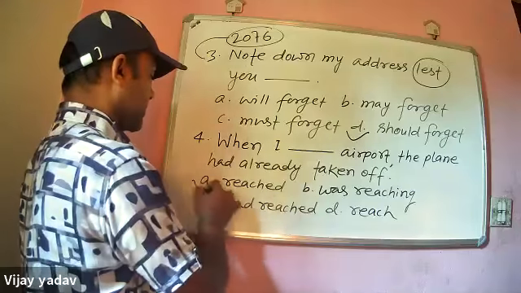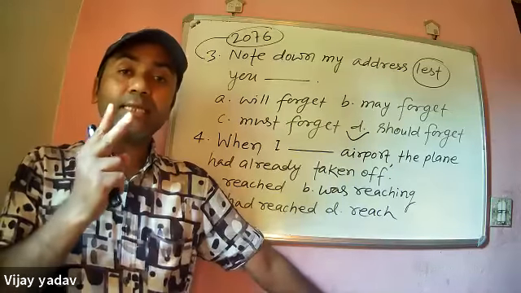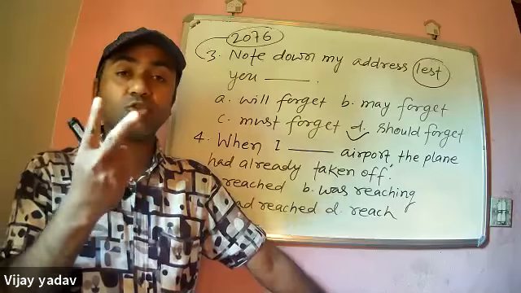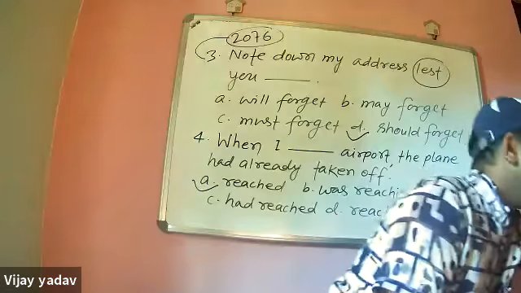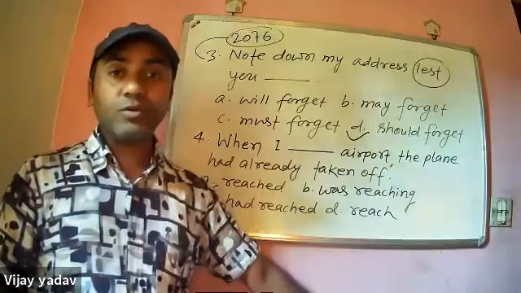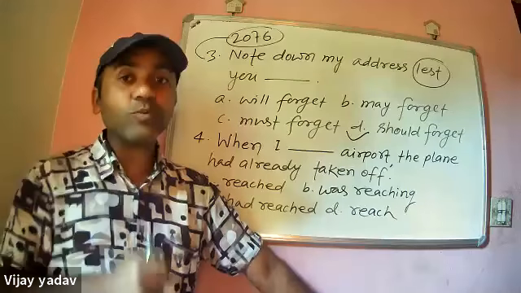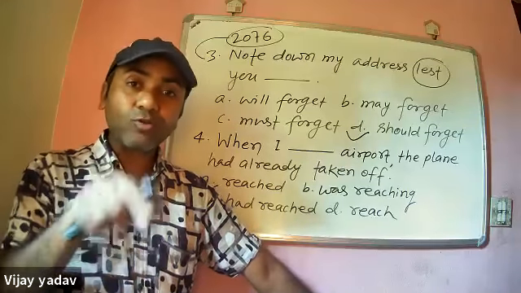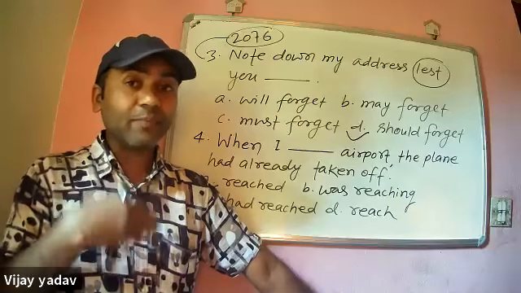So it's correct option A, reached. See, that is in the past. Suppose in the past two actions happened. One happened earlier, another happened later on. Suppose yesterday at 8 a.m. I reached the airport. The plane took off at 7:30 a.m. Which action happened earlier?